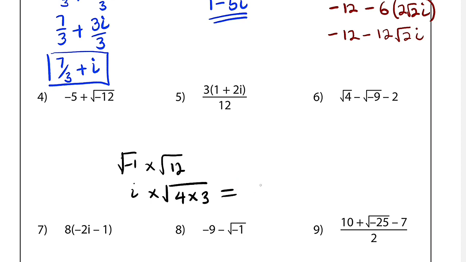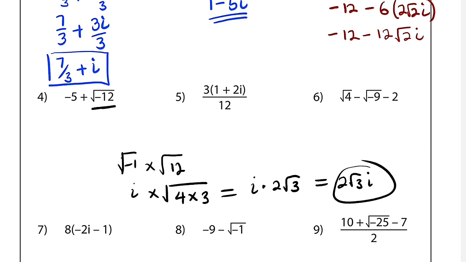So finally we have i multiplied by 2 multiplied by the square root of 3, which can now be expressed as 2 root 3 i. So this is what we need to substitute for the square root of negative 12. So this is just negative 5 plus 2 root 3 i, which is now in standard form.